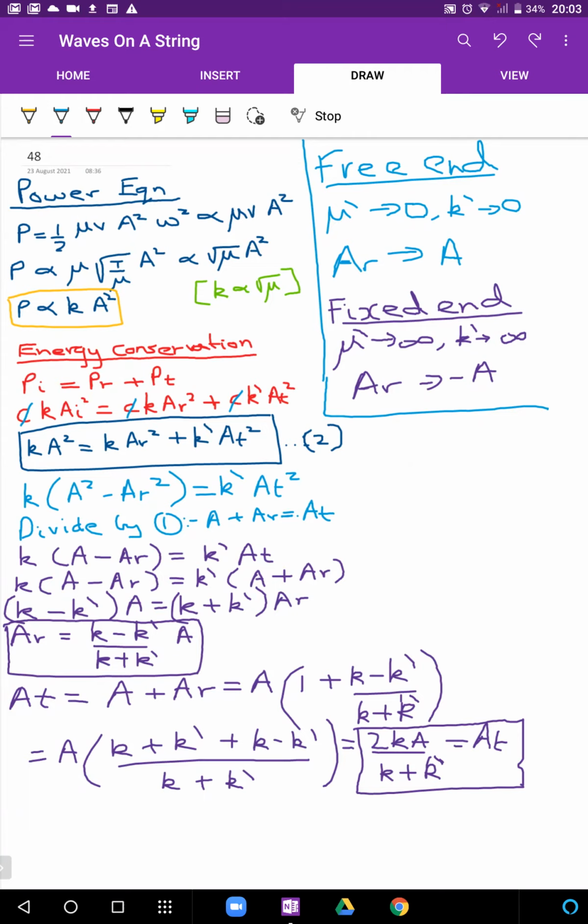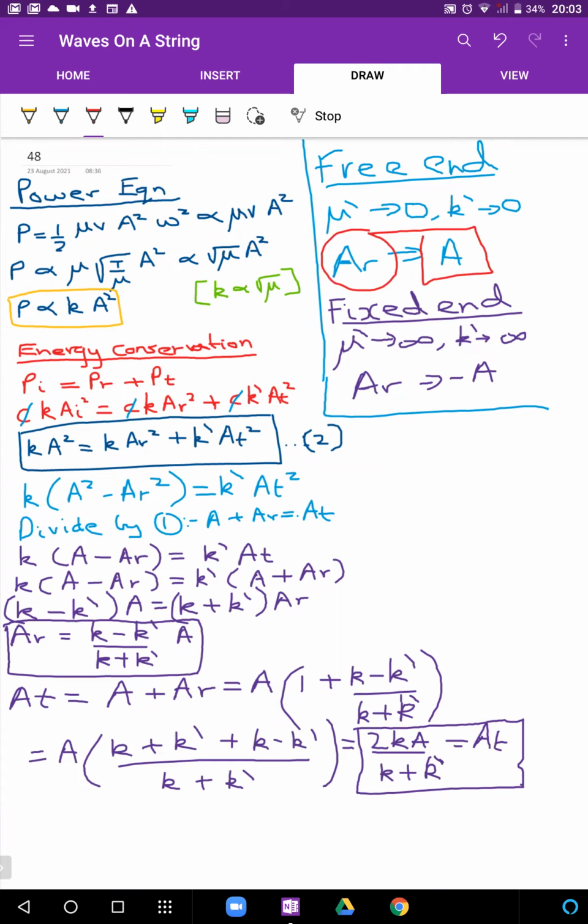And then one of you is asking, sir, why at free end is the resultant amplitude 2A? Free end के reflection में तुम्हारा reflected wave का amplitude A होता है और incident wave का भी amplitude A होता है. So for that brief instant, you can see them combine.